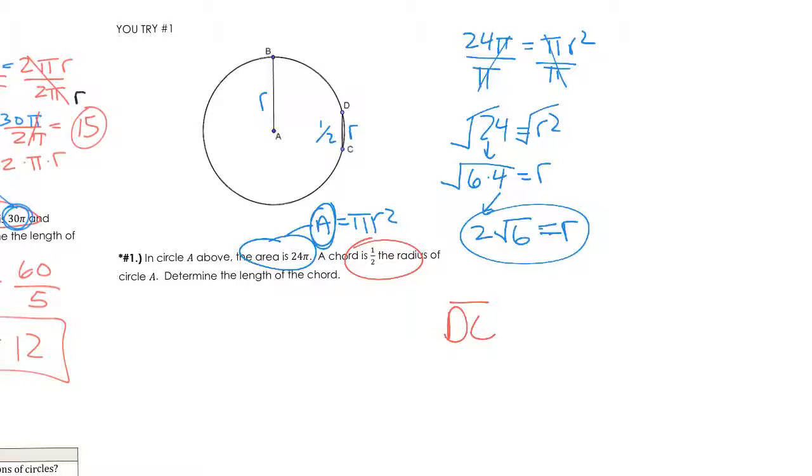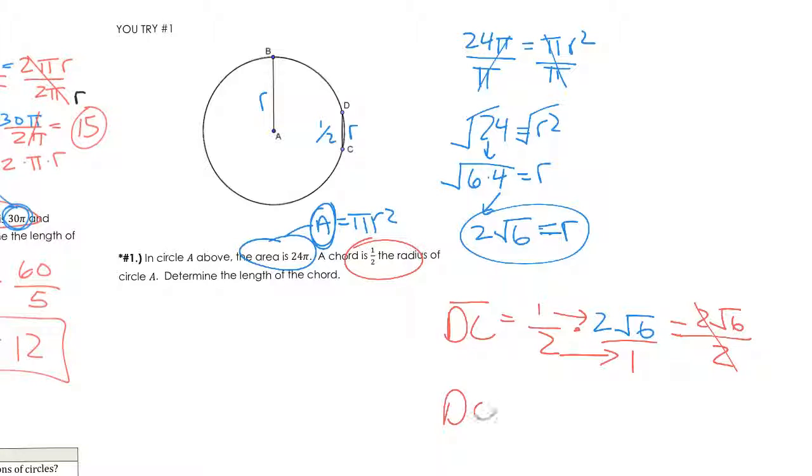So DC equals 1/2 times my radius, which is 2 radical 6. When I multiply this, I'm basically multiplying the numerator, 2 radical 6, over the denominator, 2. 2 over 2 will cancel out, so DC is equal to radical 6.